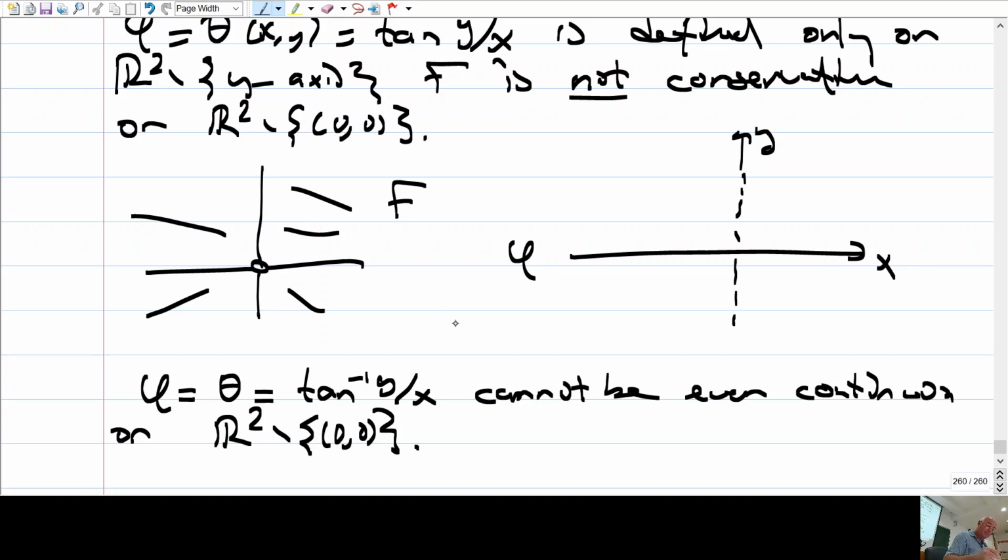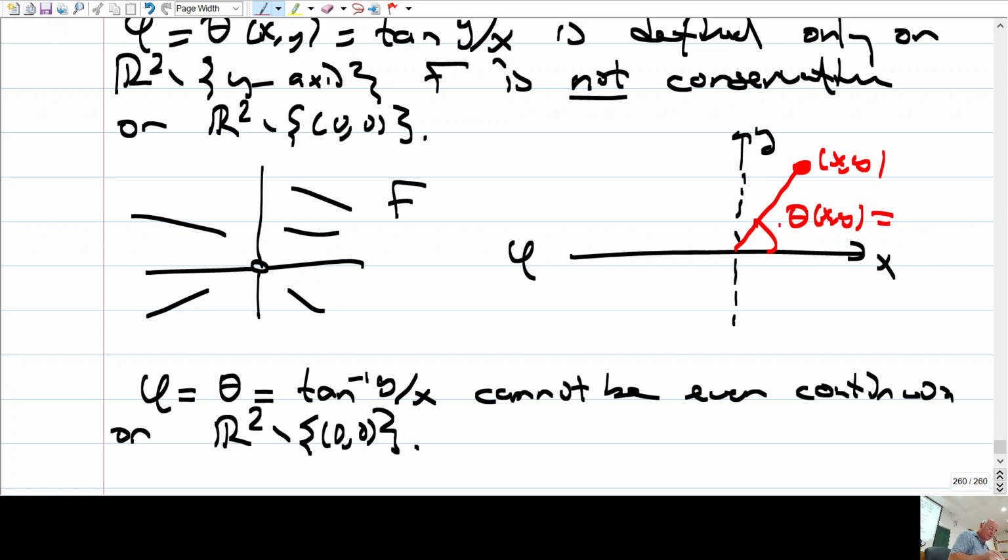Well, see, for example, suppose this is the point (x, y). What is phi of x, y? It is this angle, theta. It is a positive number.